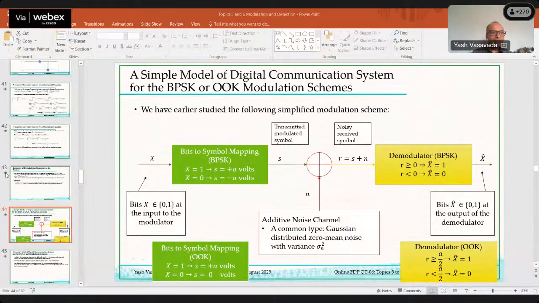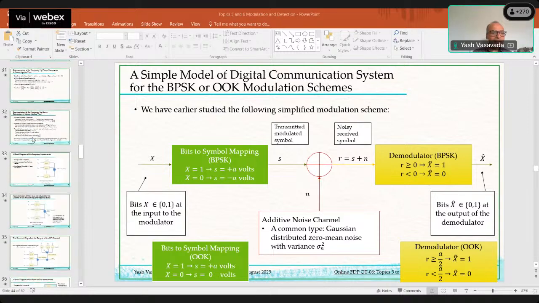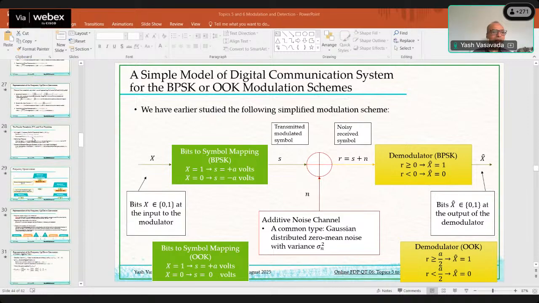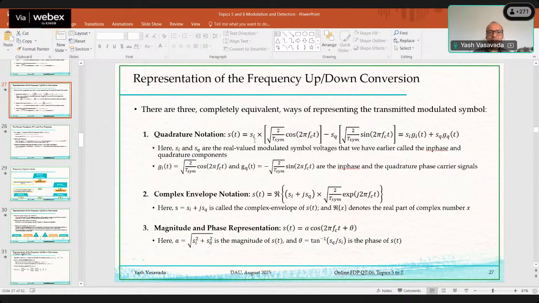in a general model of communication, we may have several representations, but the one which is common is to think of the actual information bearing signal, which is at baseband, not yet upconverted to RF frequency, as comprising a complex number with in-phase and quadrature, real or imaginary components, SI and SQ.